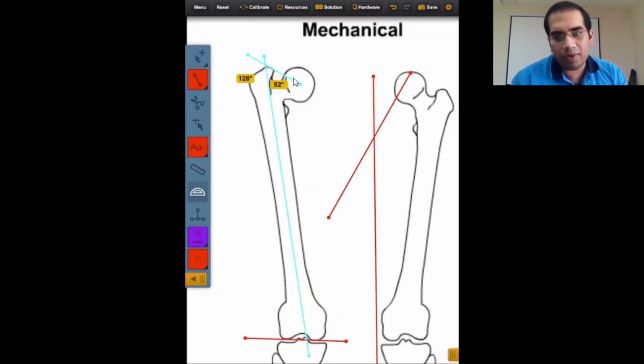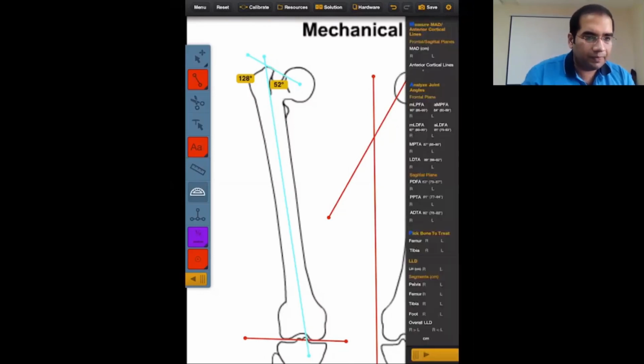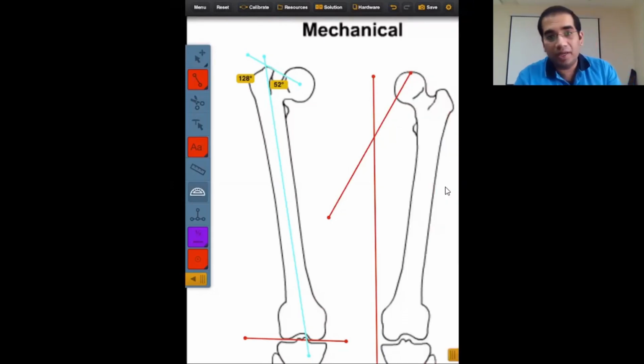The medial proximal femoral angle right now is 52 degrees. The normal angle is 84 degrees. Sorry, the anatomical medial proximal femoral angle is 84 degrees. The population mean is 84 degrees. So it is disturbed.